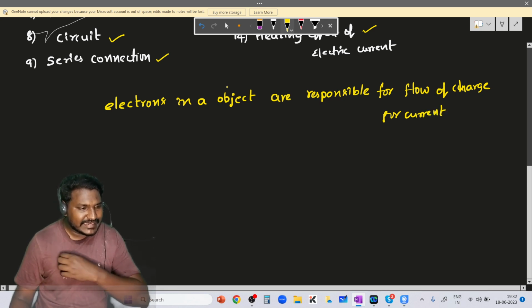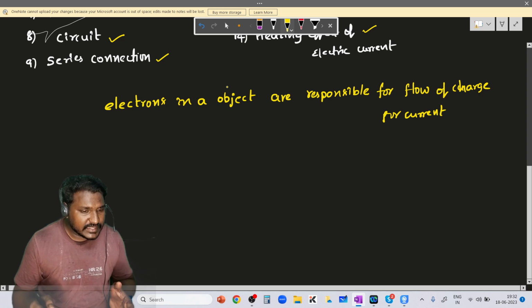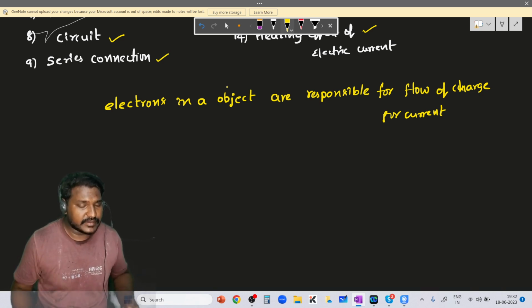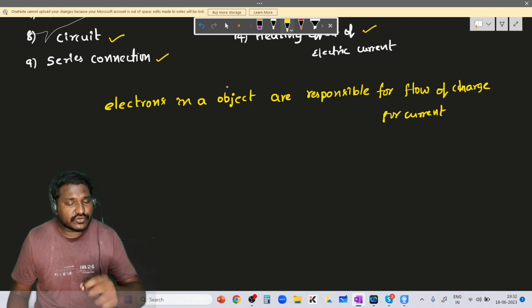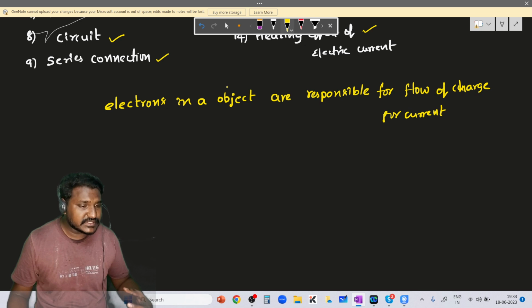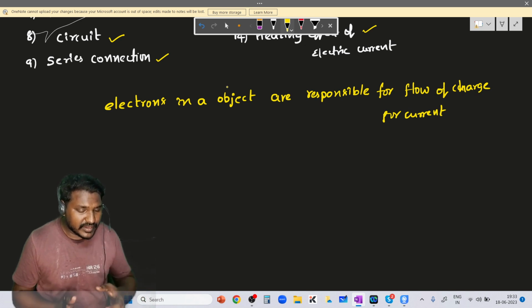If a body contains electrons, then it can produce current and allow current to pass, because the movement of electrons will help the current to pass through it.